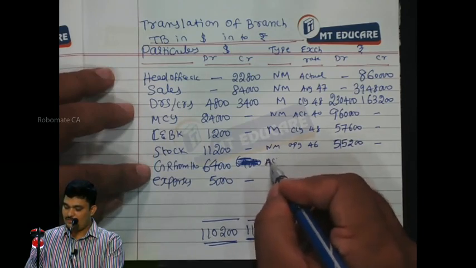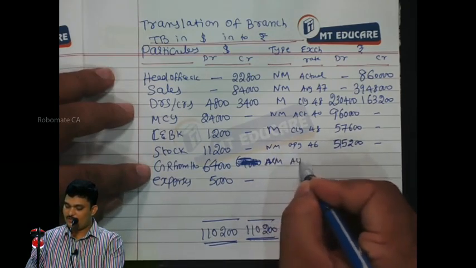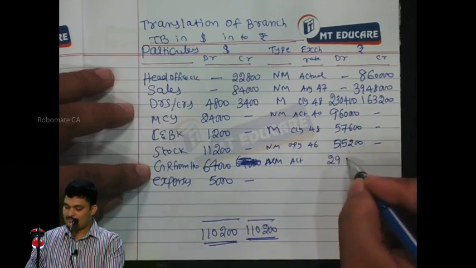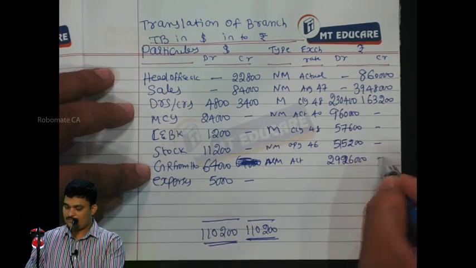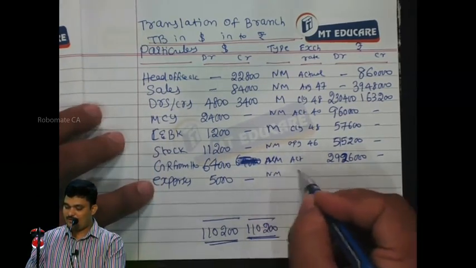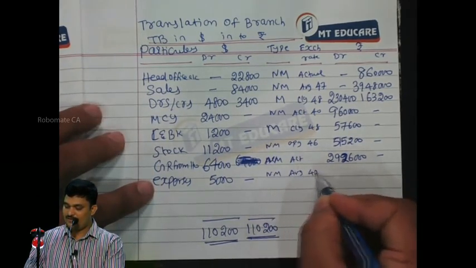Actual non-monetary, goods from head office 29 lakh 70. Expenses, non-monetary average 47.